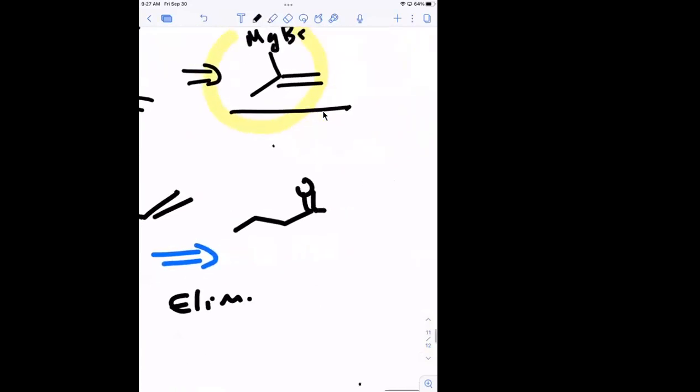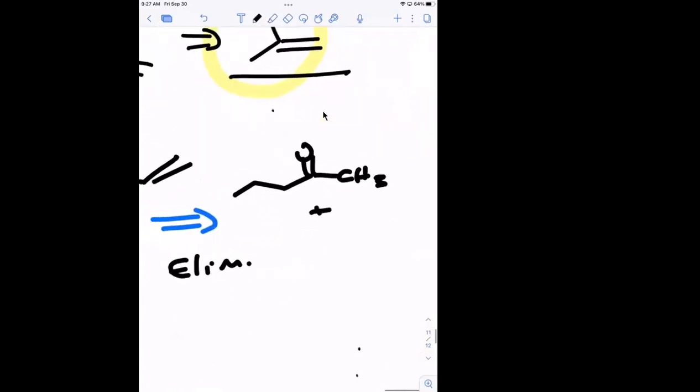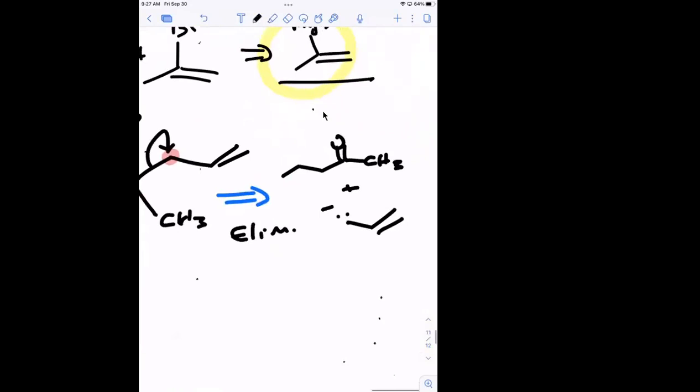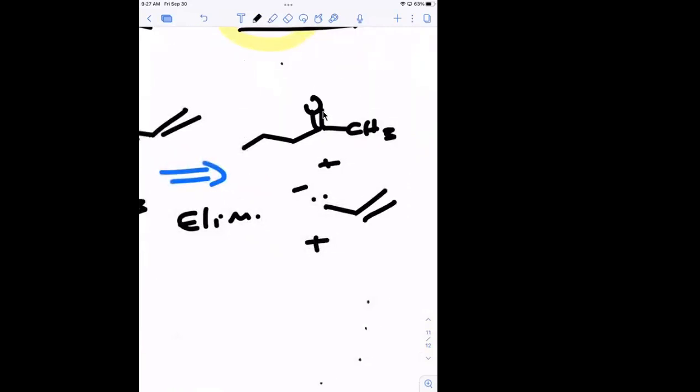This is my ketone. And then plus that. And that's negative. And plus what else? What am I missing? The magnesium bromide. Good. Plus MgBr.